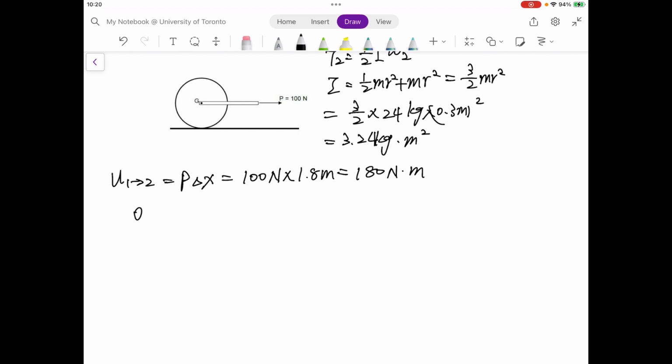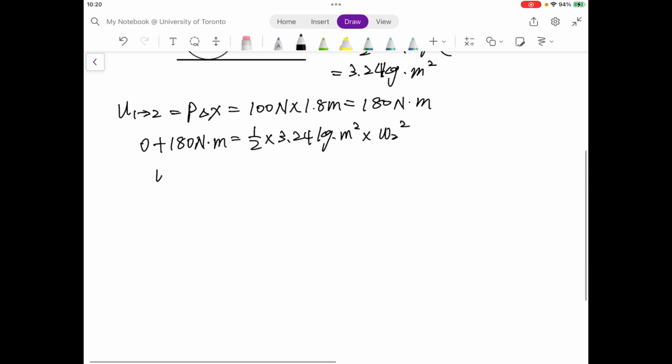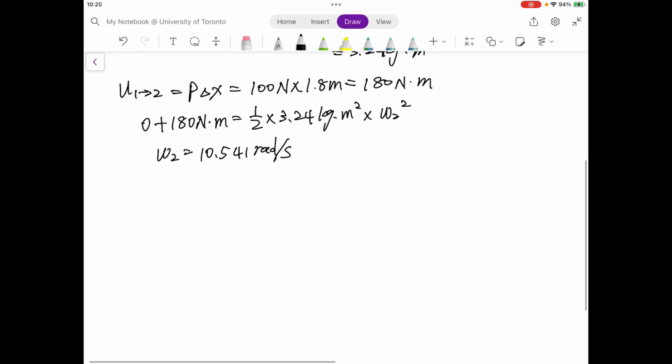Then 0 plus 180 Newton meter is equal to 1 over 2 times 3.24 kilograms times meter square times omega 2 square. Then omega 2 is equal to 10.541 radians per second.